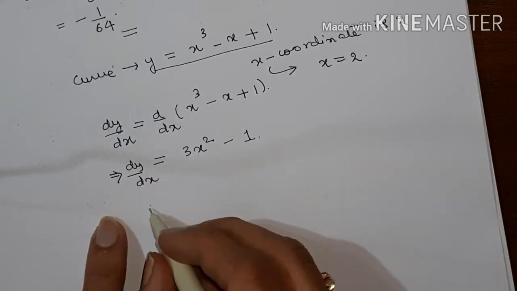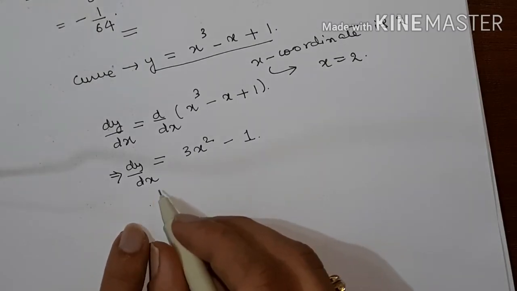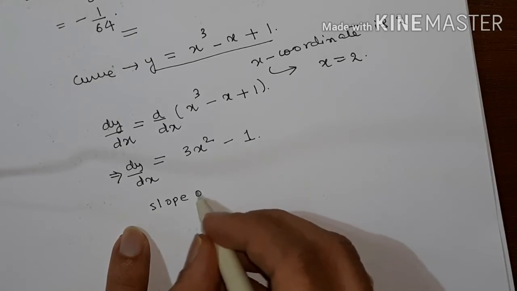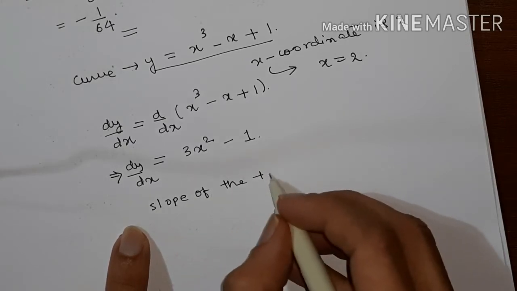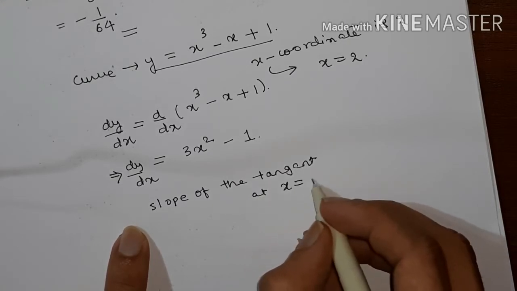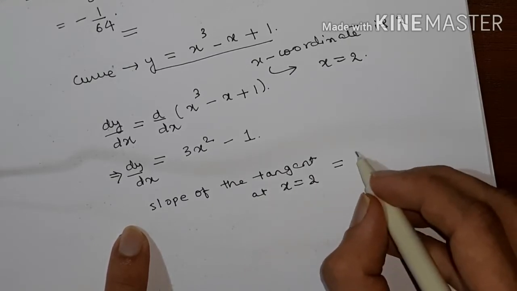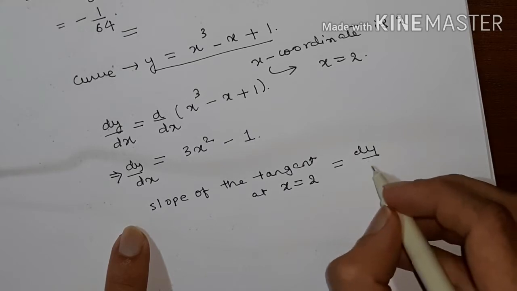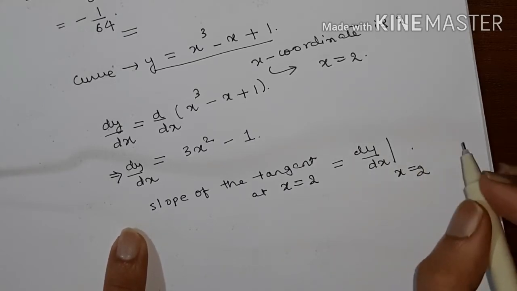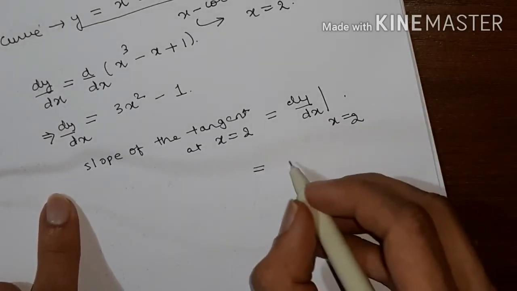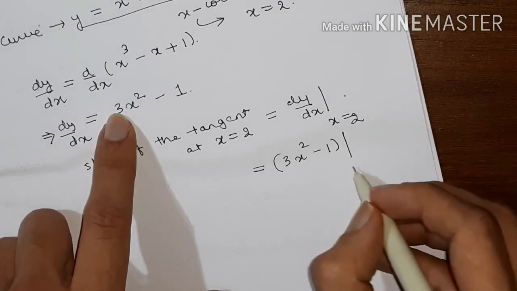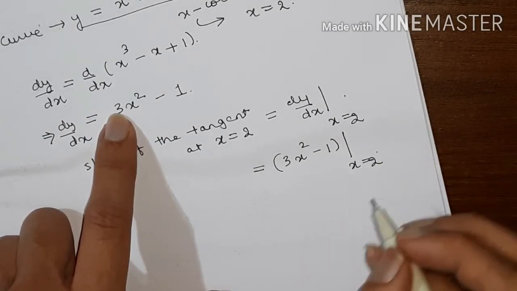Now let us check the slope of the tangent at the point x equal to 2. The slope of the tangent at x equal to 2 is equal to dy by dx at the point x equal to 2, which is equal to 3x square minus 1 at x equal to 2.